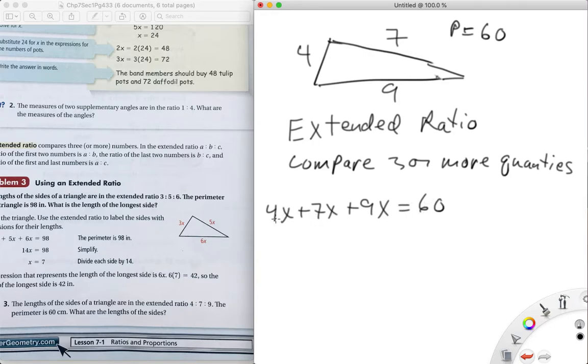Combine them. 13 and 9, that's 22x. Let's see if that's correct. No, it's not. 4 and 7 is 11. So that's 20x, sorry. X equals 3.